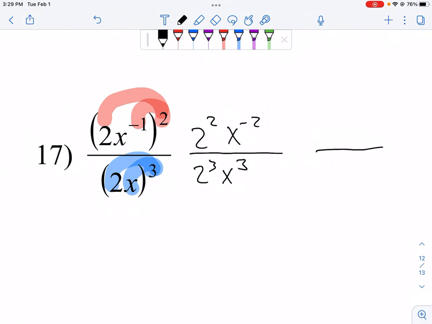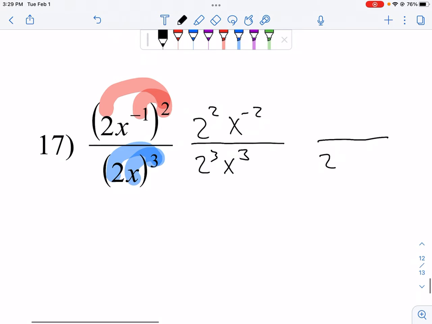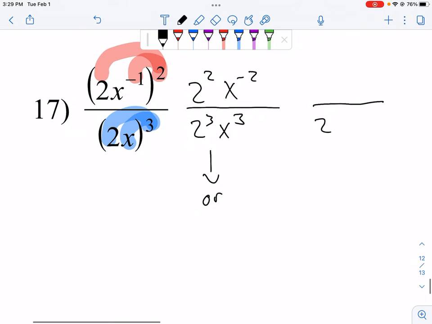3 minus 2 is 1 on the bottom, 2 to the first power. Or you can actually evaluate 2 to the second is 4 and 2 to the third is 8.